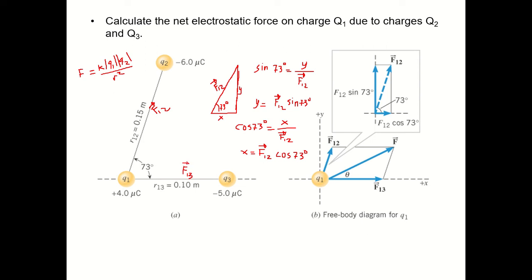Then you have F13 going in this direction to the right, and you consider the horizontal component of this part to the right also, so that would add. Then we have the vertical component of this one, but this one has no vertical component, so that is equal to 0. So your overall vertical component is 0 plus this one. Your horizontal component is F13 plus this, because both of them go to the right.